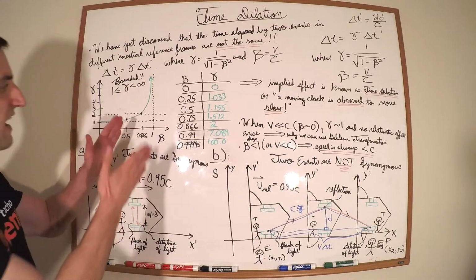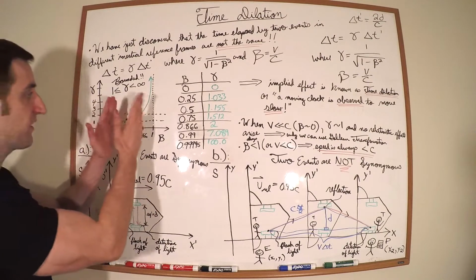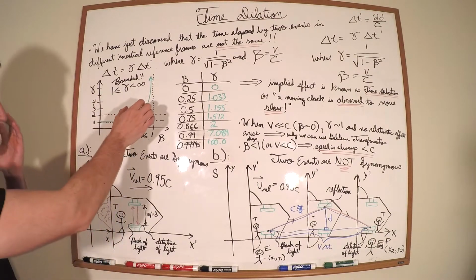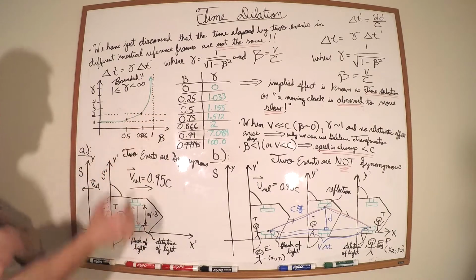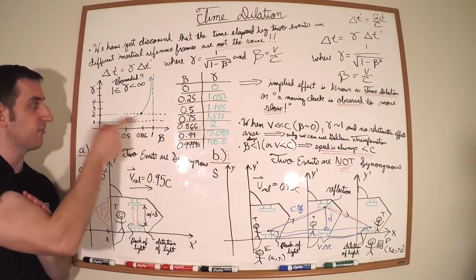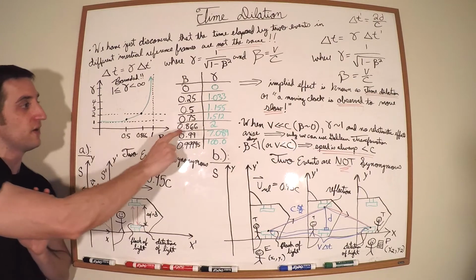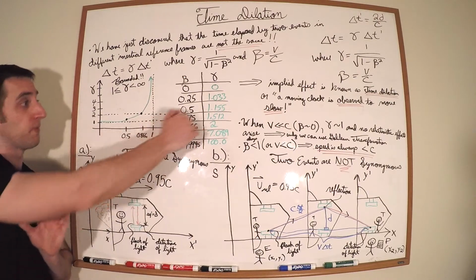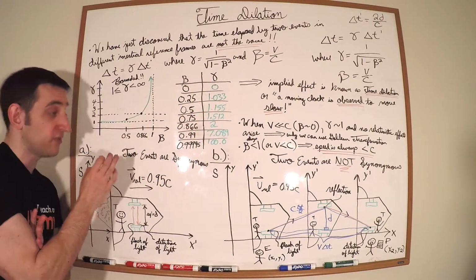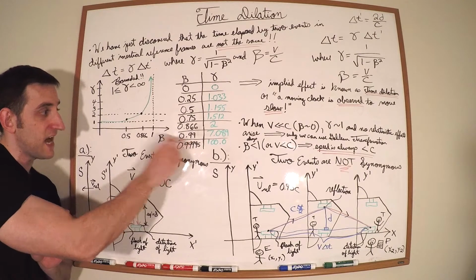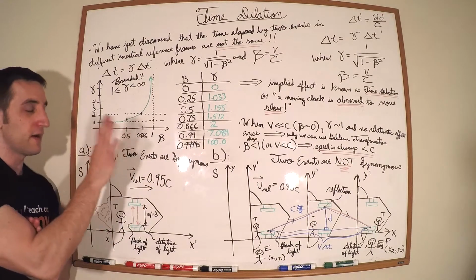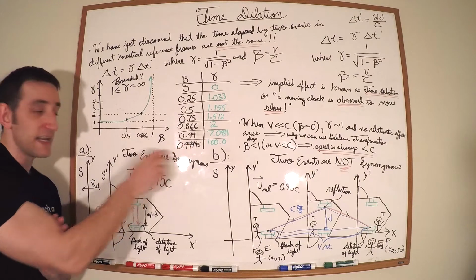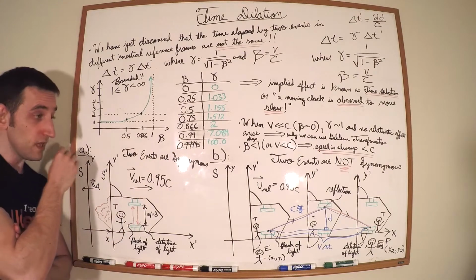Relativistic effects are most constrained to this range: 0.866, which corresponds to a value of 2 as tabulated here, is where it starts to blow up. When we get really close to the speed of light, 0.99995, I'm going to say that again, 0.99995, we have a factor of 100 in the time difference.